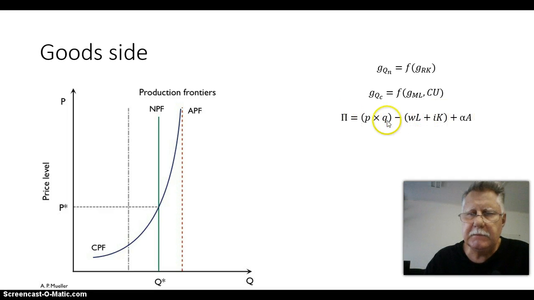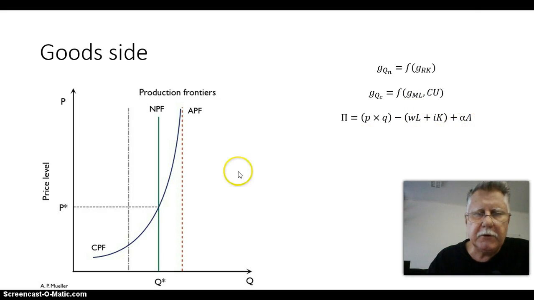Our analysis is based here, at the side of the cyclical production frontier, on the output curve of a business, the profit. Profit depends on the sales. Sales are prices multiplied by quantity. Here are the main cost factors: the cost for capital based on the interest rate, the cost for labor based on the wage rate, and here productivity.